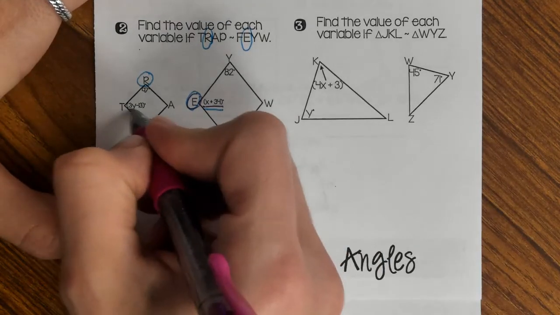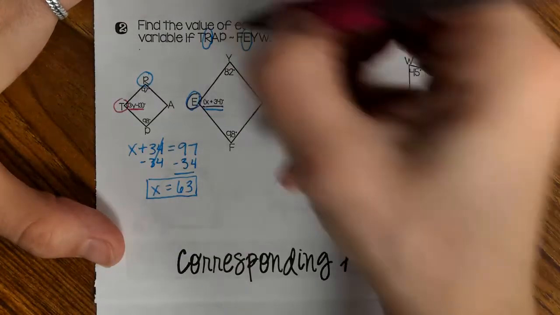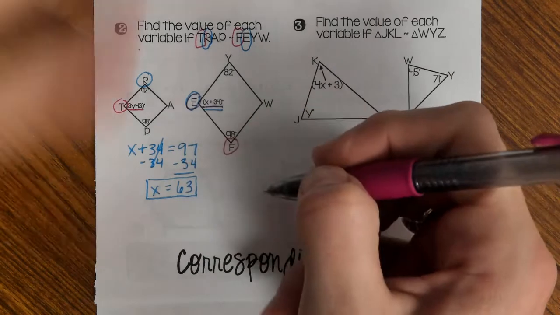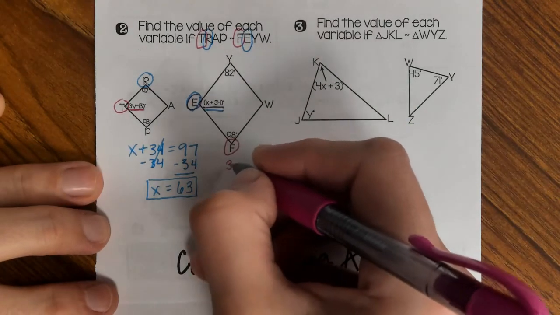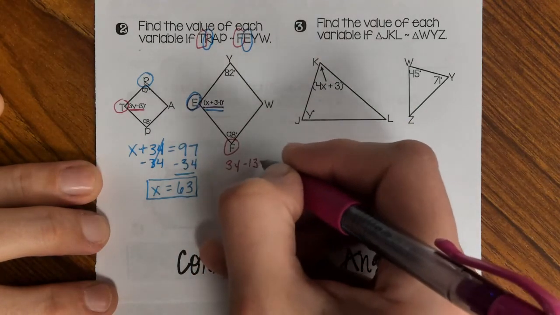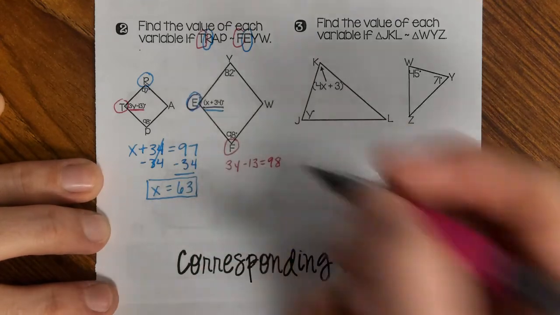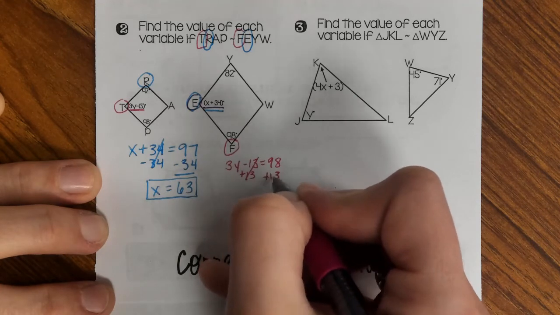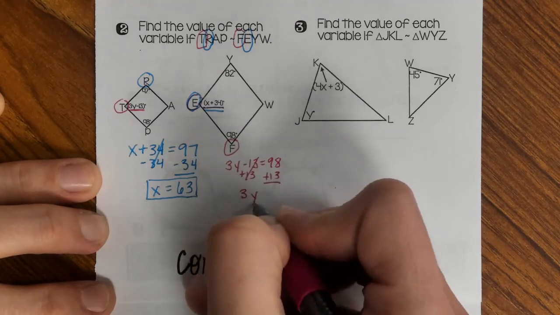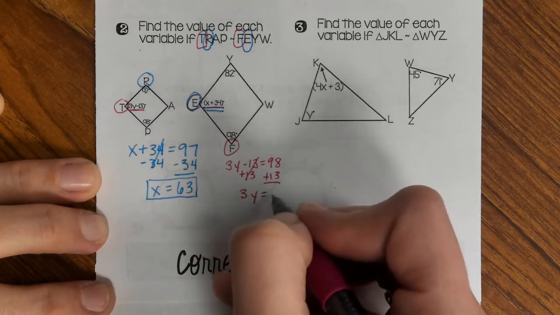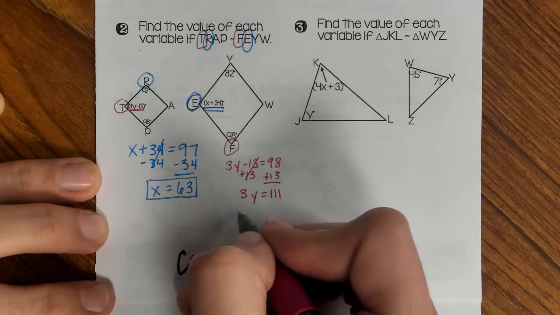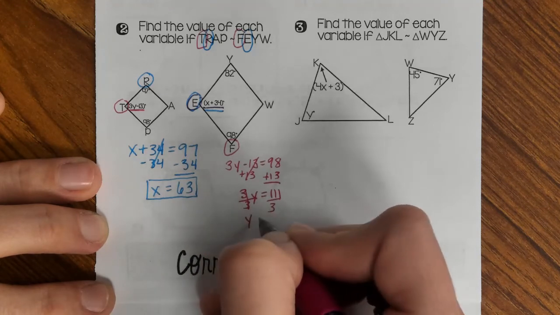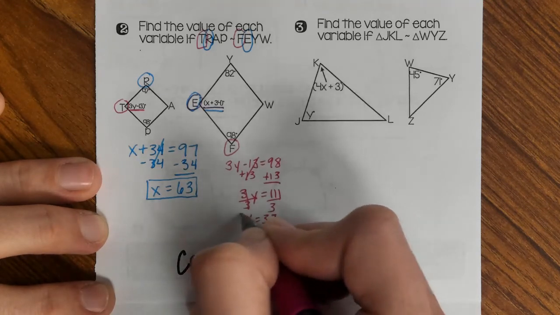Solving for y, we see y is over here with angle T. T is the first letter that will correspond with F. So we will set 3y minus 13 equal to 98. We add our 13 to both sides. We're going to get 3y equals 111. Then we divide out. Y will equal 37.